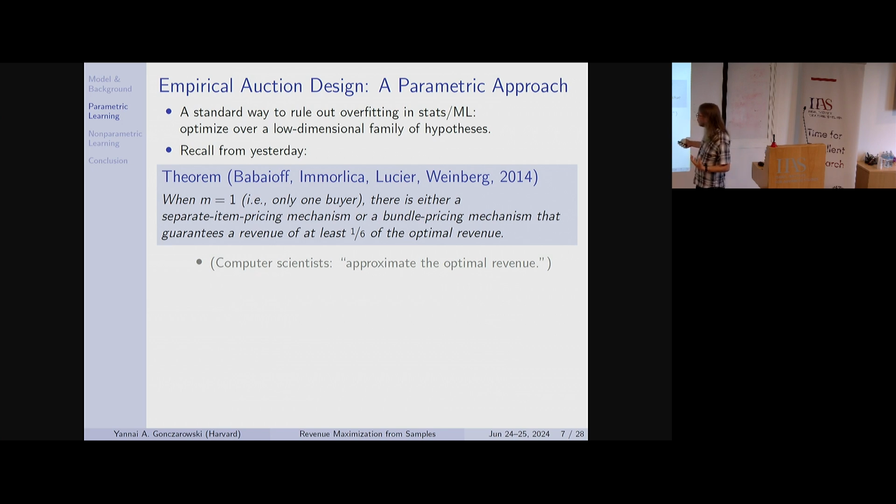Many times you will see papers guaranteeing 1/6, 1/50, 1/100, and the abstract will say, we approximate the optimal revenue. For computer scientists, they know that when they say we approximate, they mean up to a constant, because what else is there when you talk about runtime complexity? And they're so used to thinking about runtime complexity that what else is there remains when they move to approximating other things where this actually matters.